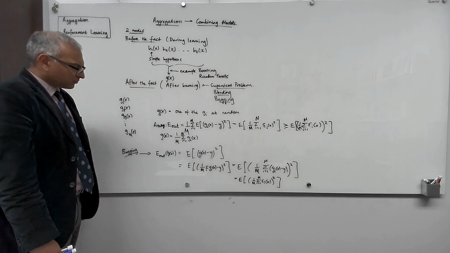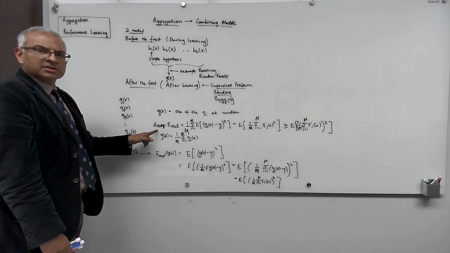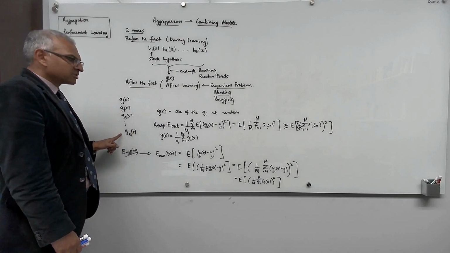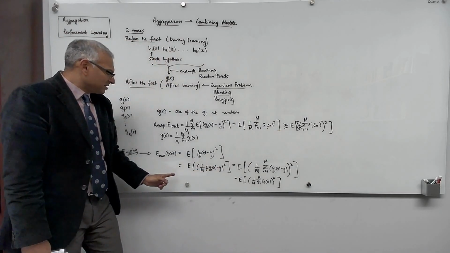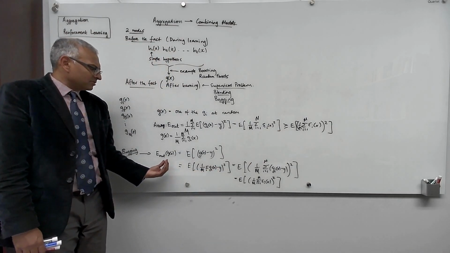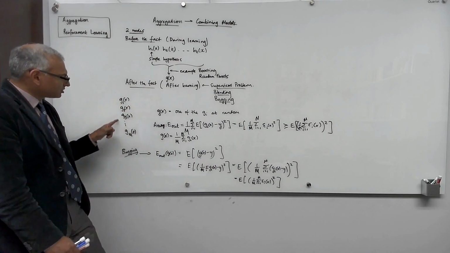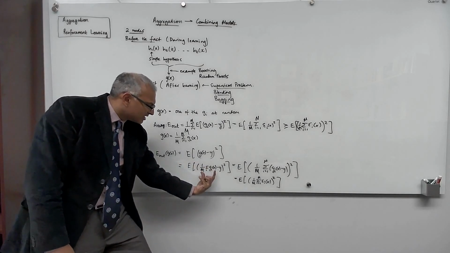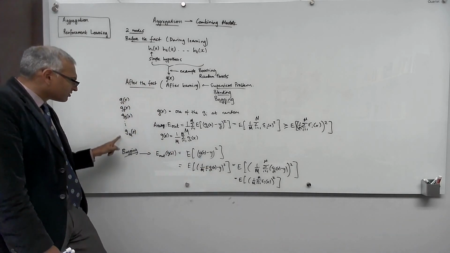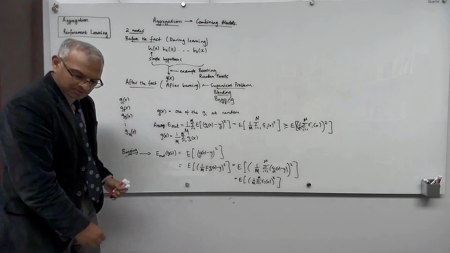But what have we proved? We have proved that the out-of-sample error that you incur when you pick one of these hypotheses at random is always larger than the out-of-sample error you incur when you average the hypotheses. So when you vote these in the form of an average, the average hypothesis is always better than picking one at random.